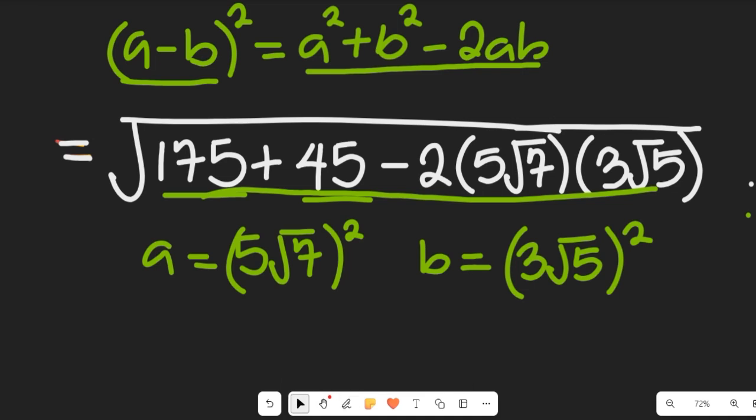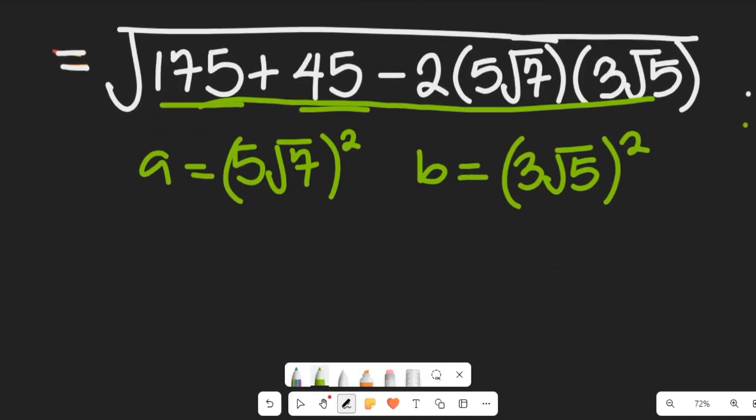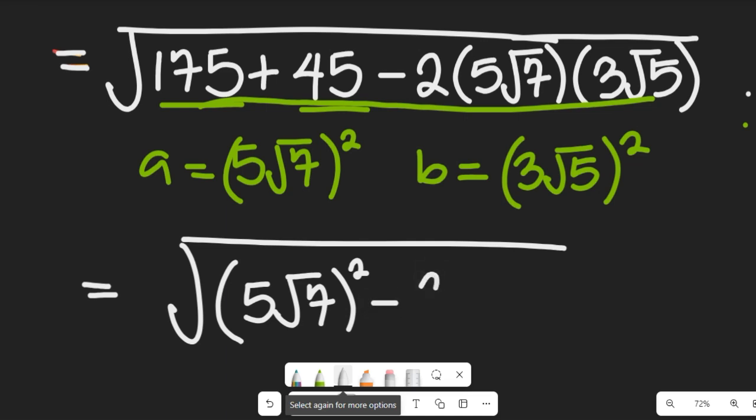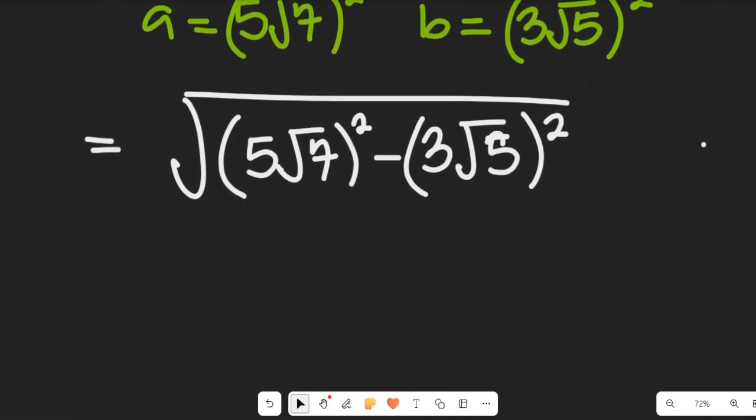So that expression can now be equal to the square root of 5 root 7 square minus 3 root 5 all squared, right?